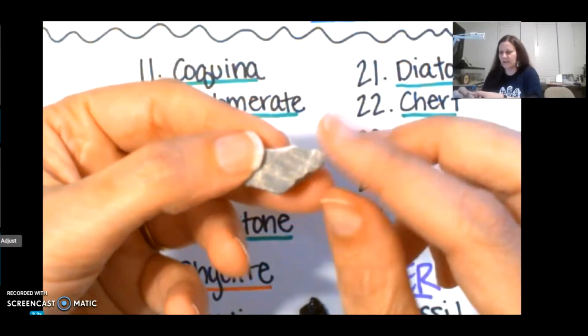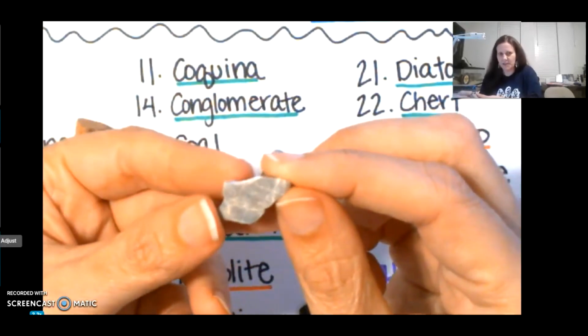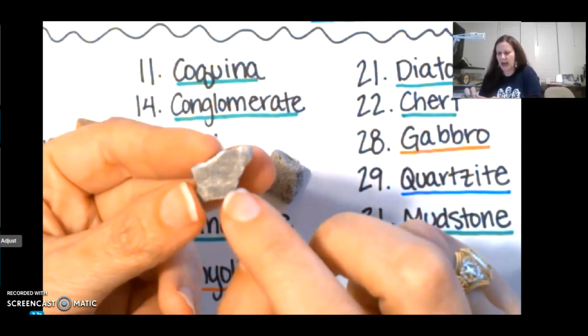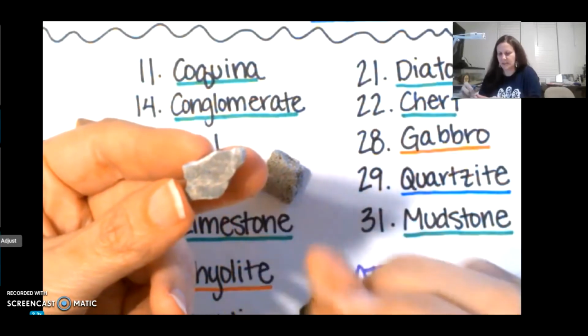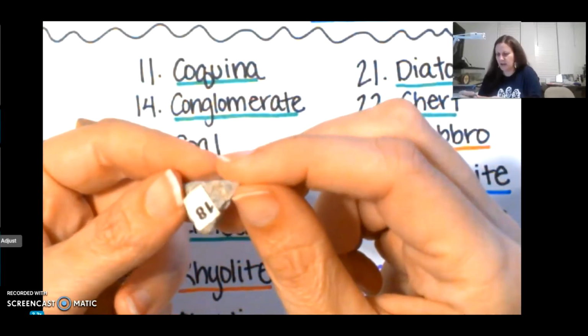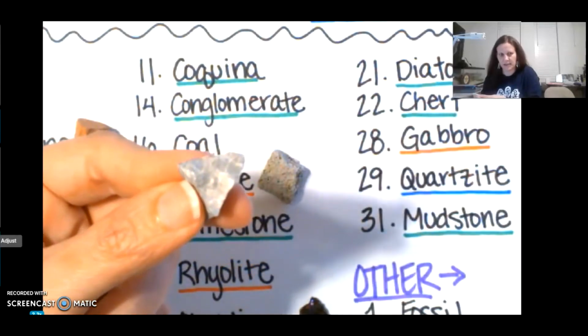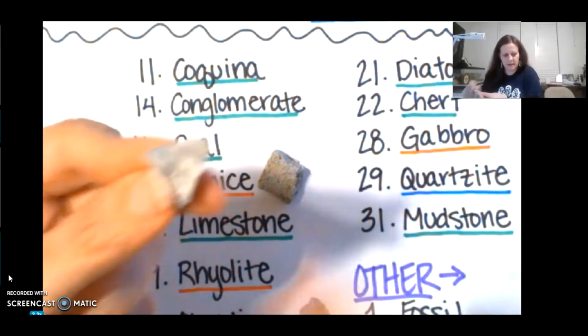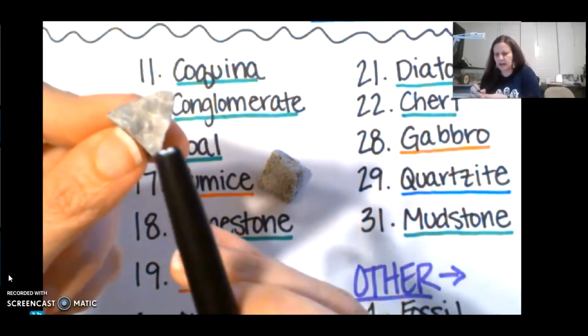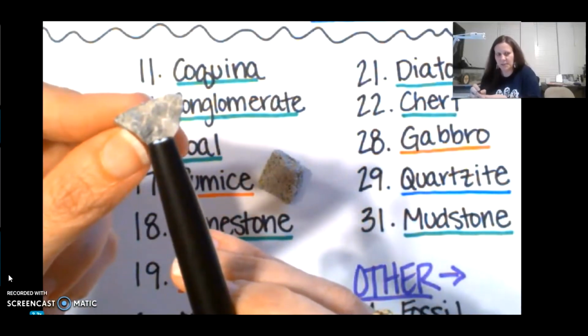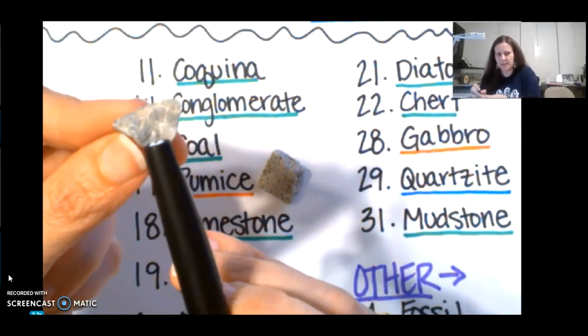This is going to be tough, but my limestone has patterns in it. If I look at all the different parts of my limestone, right inside, I should be able to see some shapes in my limestone.